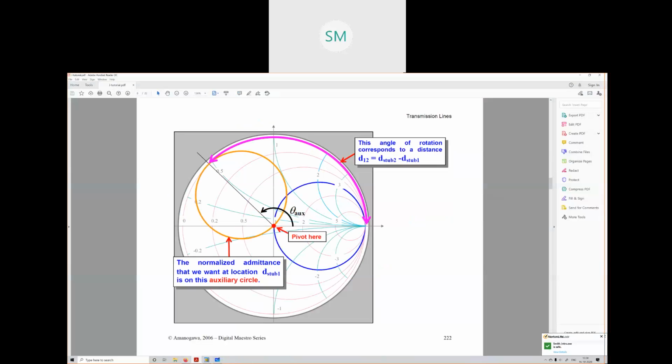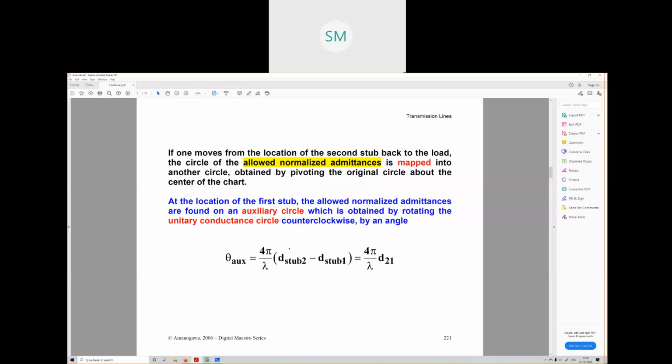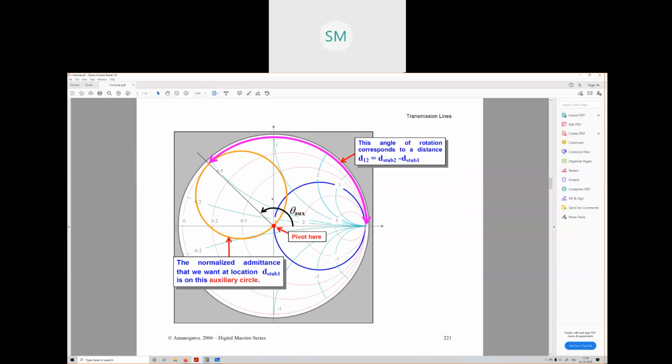See, if we set the load point 1, this way I think is the best.